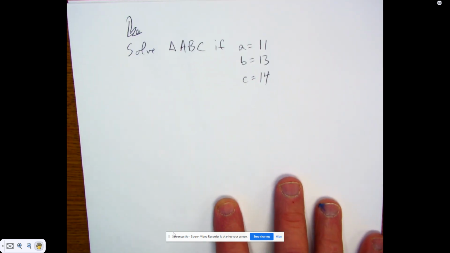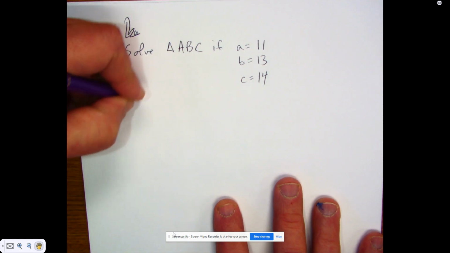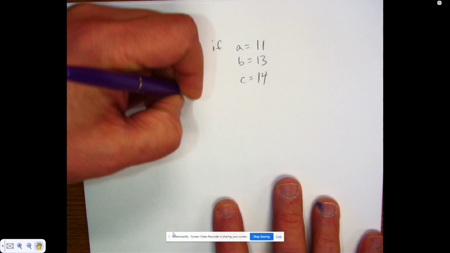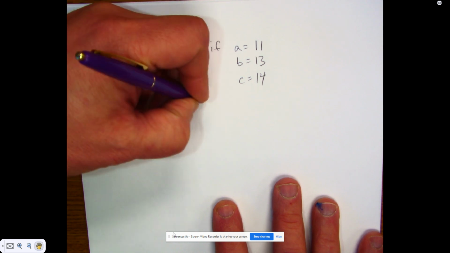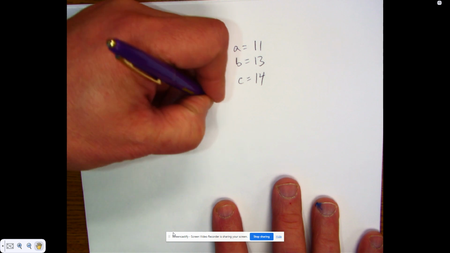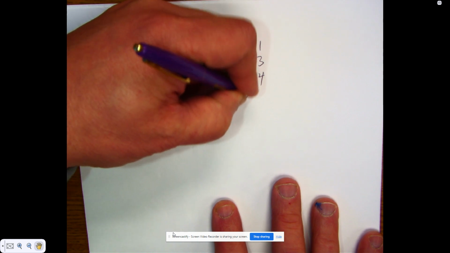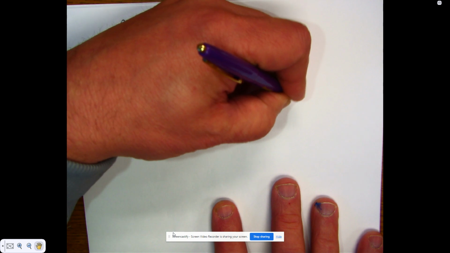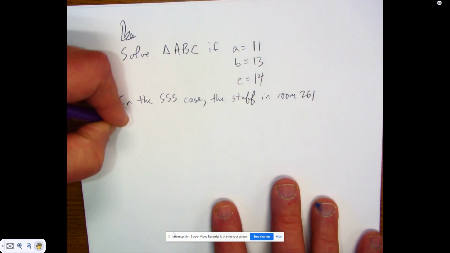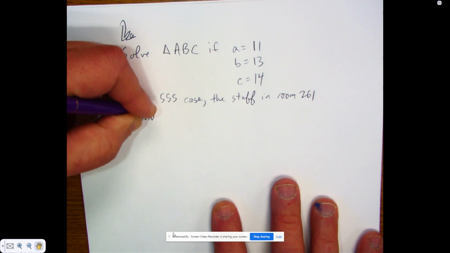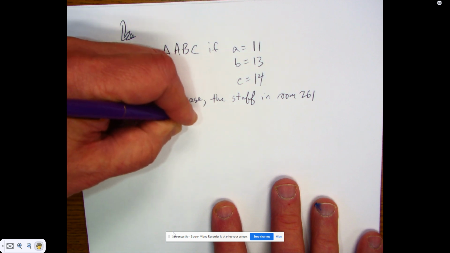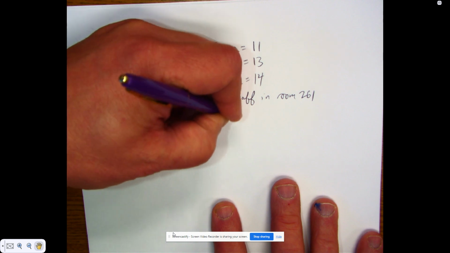Now, much in the same way we talked about before, if you want to think ahead to where you want to use the law of sines in the second step, then in that case you would use the law of cosines to find the largest angle first. So in the side case, the staff in room 261 recommends finding the largest angle first.